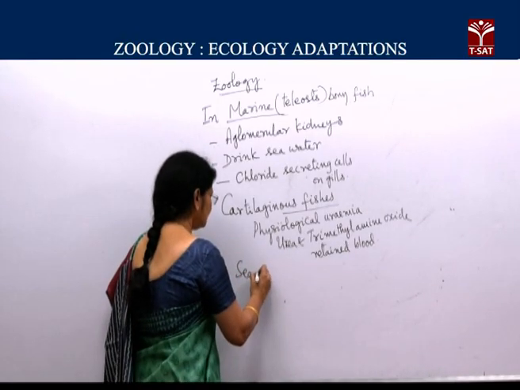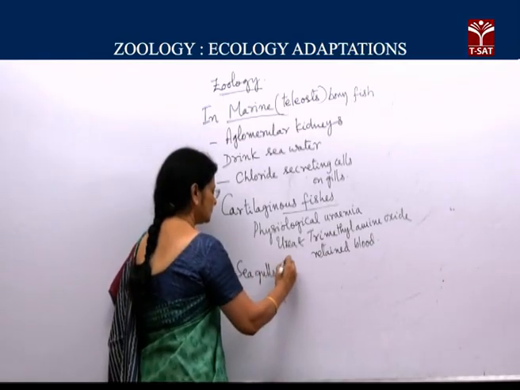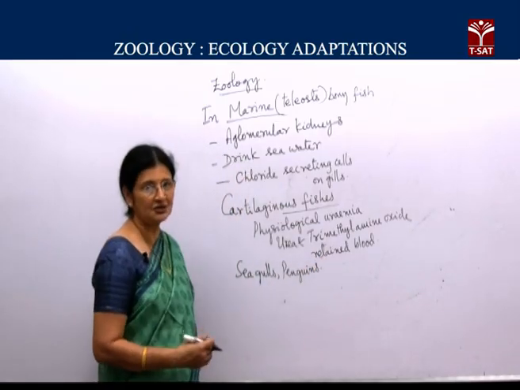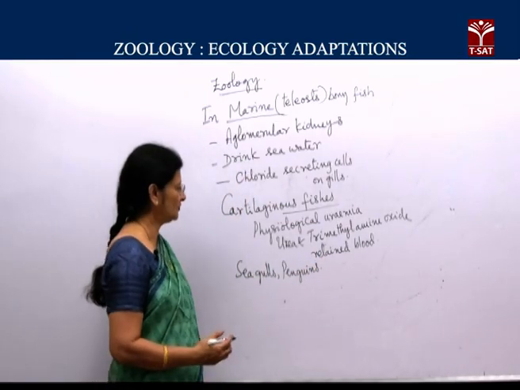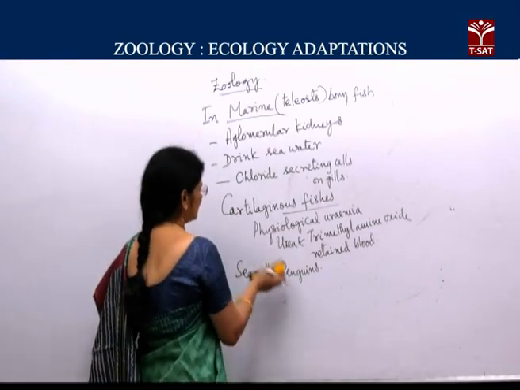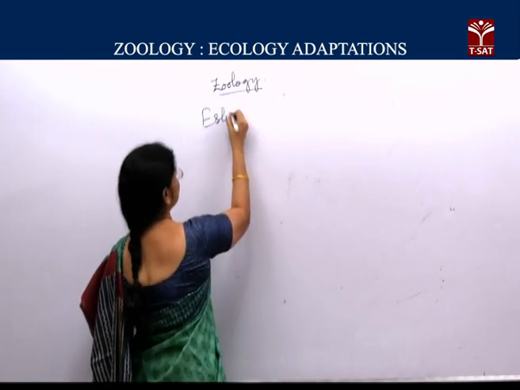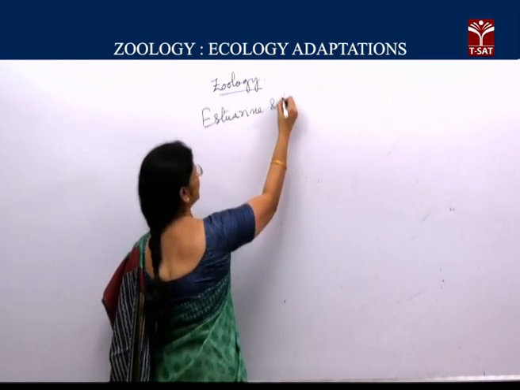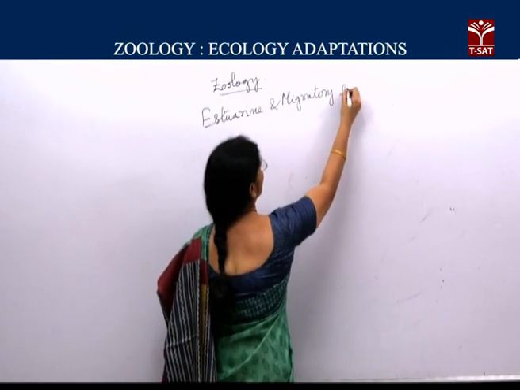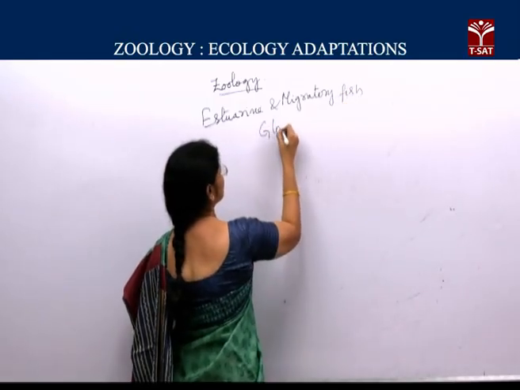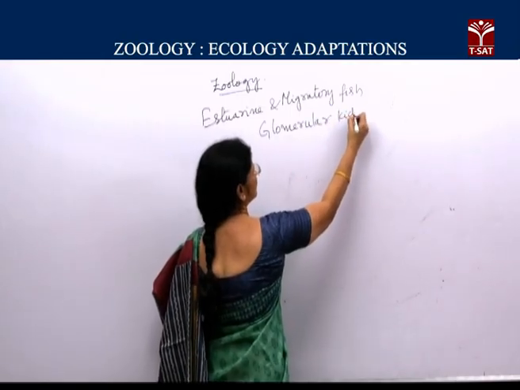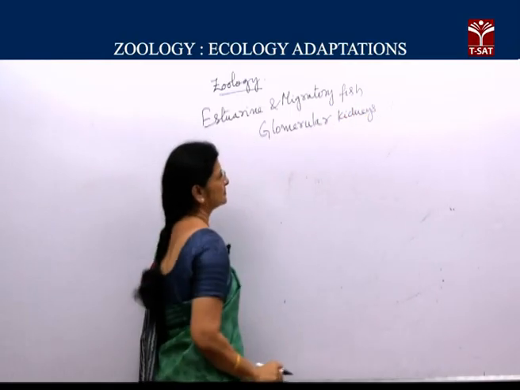Then, in case of birds like seagulls and penguins, they release salts through nostrils. That is how they overcome the problem of osmoregulation. Estuarine fish and migratory fish have glomerular kidneys. Though they live in both freshwater and marine water, kidneys are glomerular.